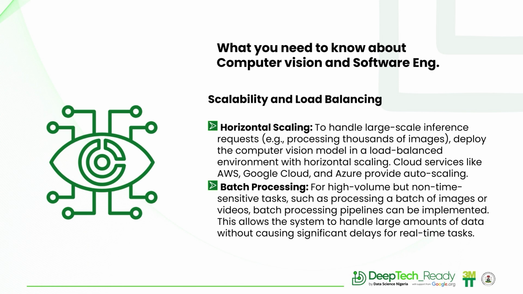Horizontal scaling is one of the things that you need to look into in order to solve that particular problem. So you have to handle large-scale inference requests and deploy the computer vision system in a load-balanced environment with horizontal scaling. Cloud services like AWS, Google Cloud, and Azure provide auto scaling, and they also provide load balancers.